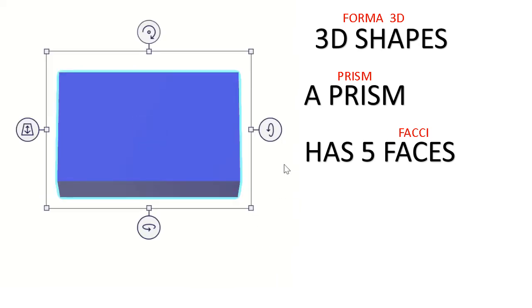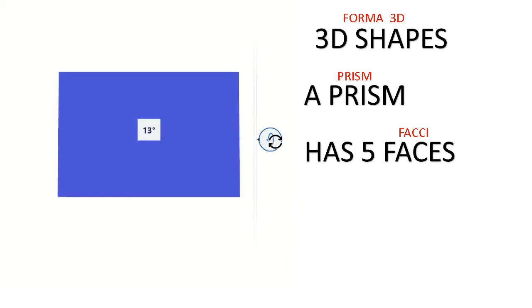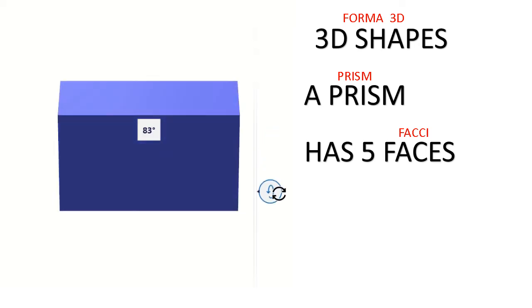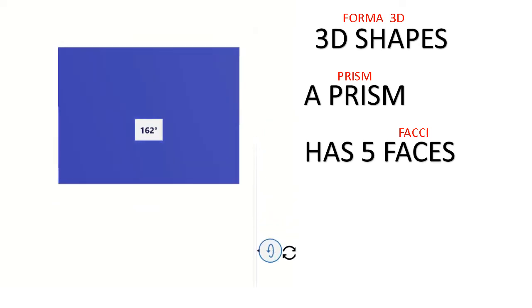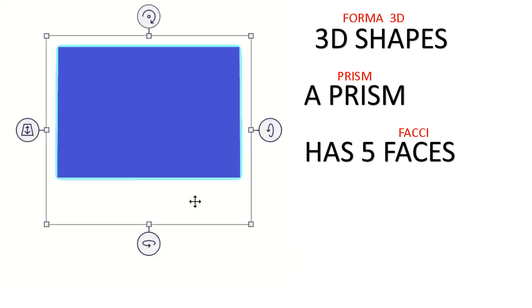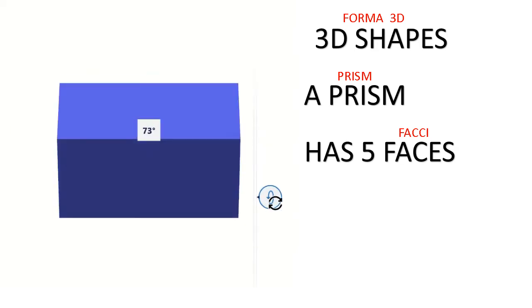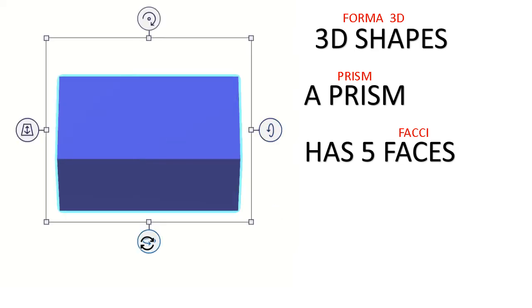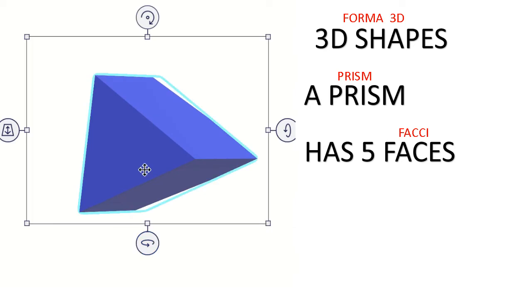The other faces are rectangles. 1, 2, and 3. In fact, a triangular prism has a total of 5 faces, 2 triangular faces and 3 rectangular faces. All the faces are flat.